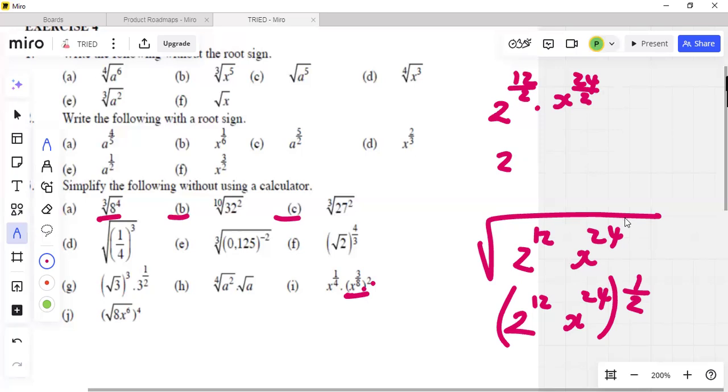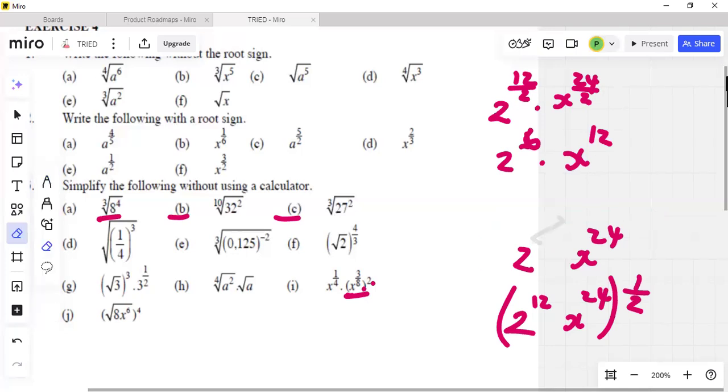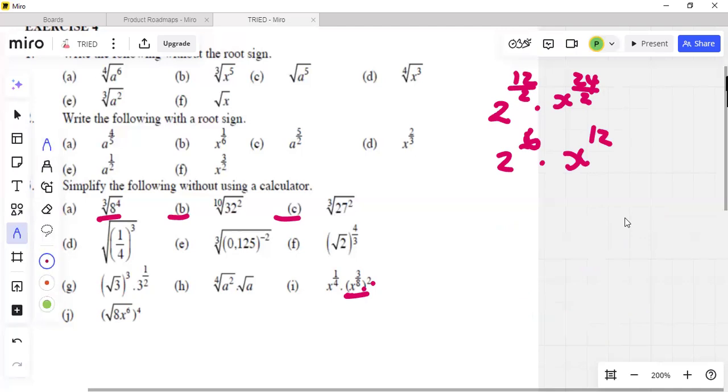So 12 over 2, 24 over 2, that's a 6 there. So this is what we end up having. But from there, 2 exponent of 6 can give us a 64, times x exponent of 12. So we have simplified it. That's as far as it can go, and it is marking our last question.